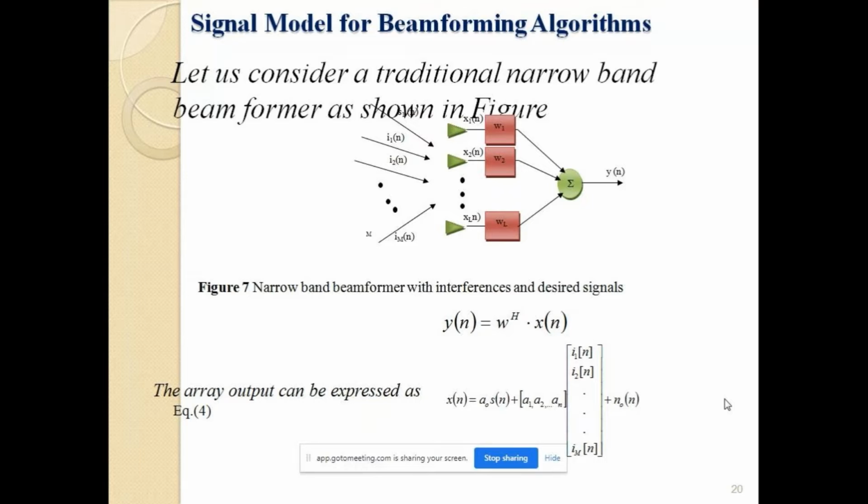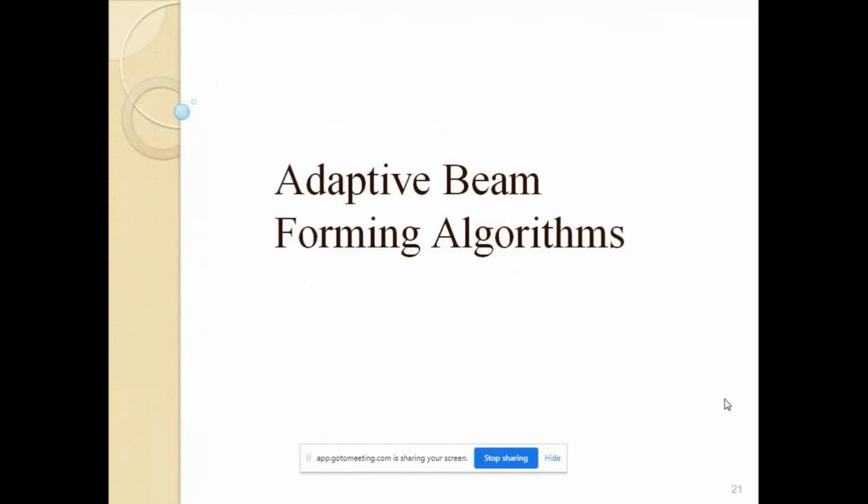We usually take the Hermitian transpose of the weights. These weights come from the phase shifters and are applied to the input signal x of n, that is, equation number 1 in the previous slide. Again, we can express x of n as a steering vector times the desired signal, plus interferences and noise. So the array output is a beam that can be steered in any direction.